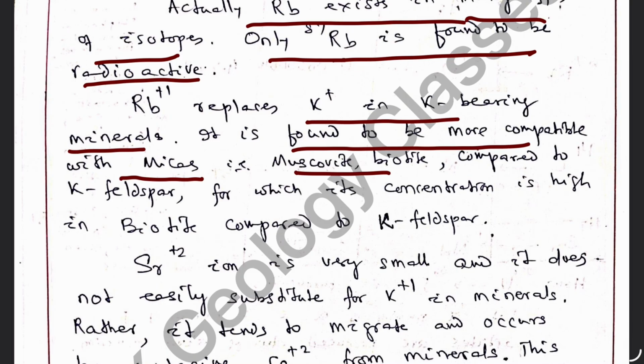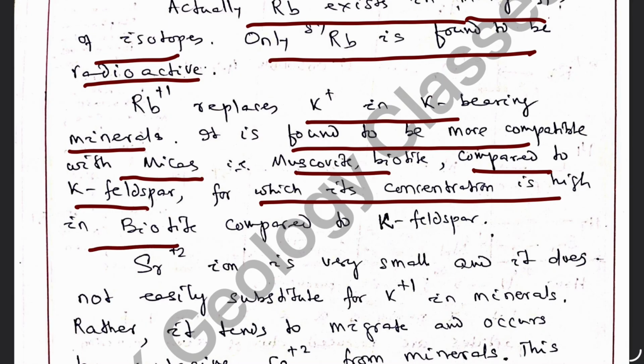That's why rubidium is compatible with muscovite and biotite compared to K-feldspar, and its concentration is high in biotite compared to K-feldspar. So, rubidium is more compatible with micas.